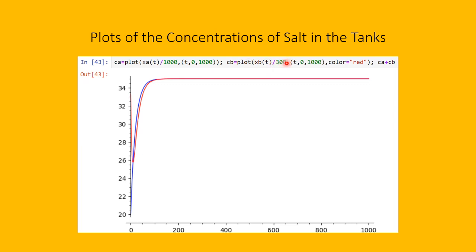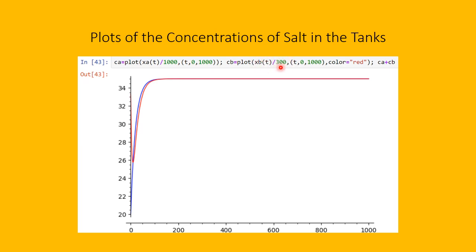Similarly, we will plot the concentration of salt in tank B. Tank B just has, at any particular moment in time, 300 liters of liquid in it, water, and the amount of salt in that water, measured in grams, is x_B of t. So this is the concentration.